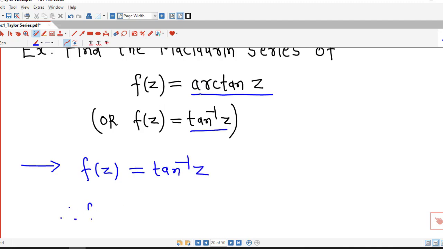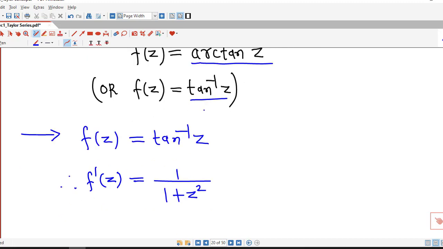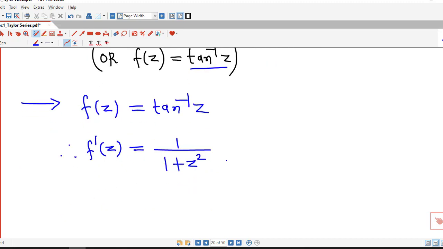So first we take the derivative of tan inverse z, which is 1 over 1 plus z square, and then we find the Maclaurin series of 1 over 1 plus z square.